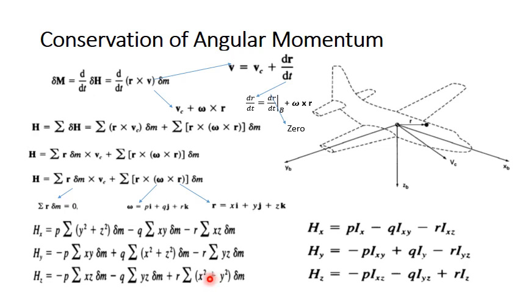This is the definition of Iz. This is the definition of Ixz, and so on. So we get the final relations, which are the components of the angular momentum in the three directions x, y, z with respect to the body axis.